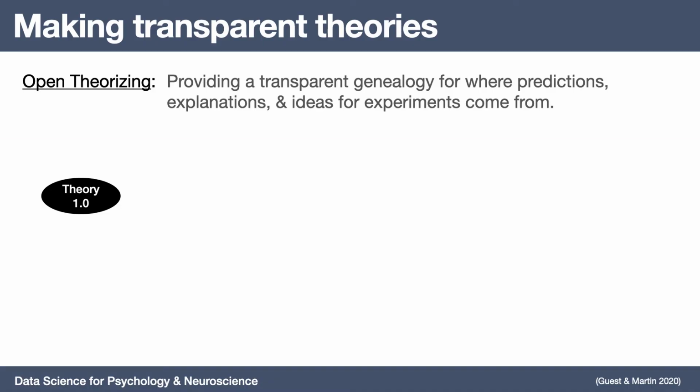Guest and Martin proposed the idea of open theorizing, which is providing a transparent genealogy for where predictions, explanations, and ideas for experiments come from as a means of developing theory. So building off of that theory cycle that we just talked about, how do you create essentially a genealogy of the evolution of your theory? And they argue that this needs to happen out in the open.